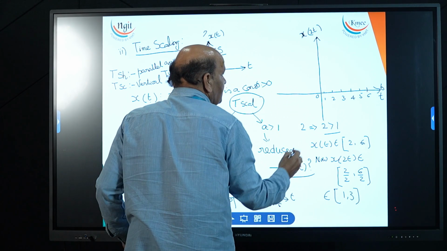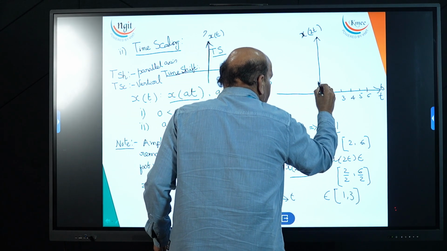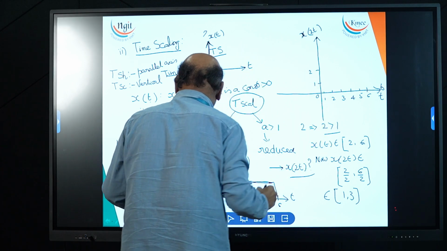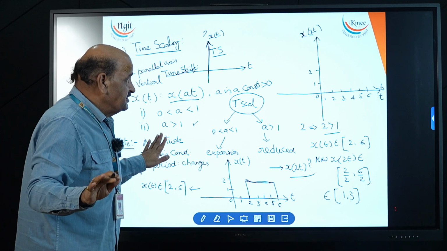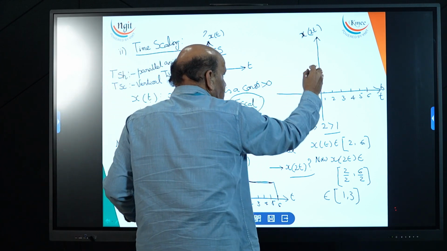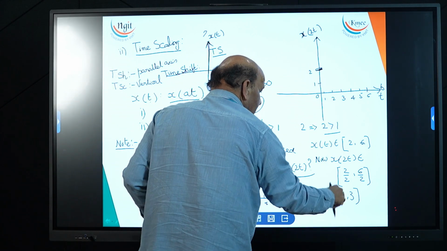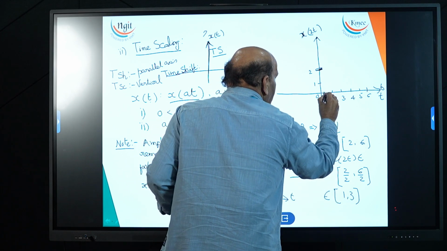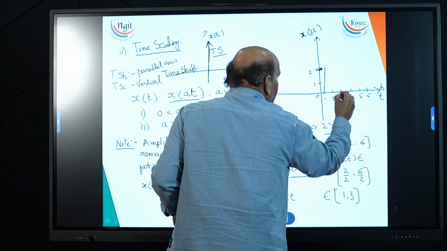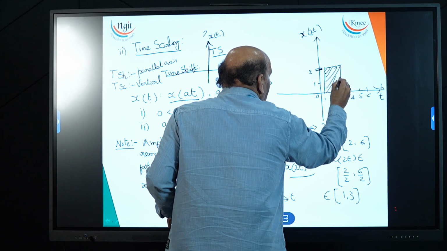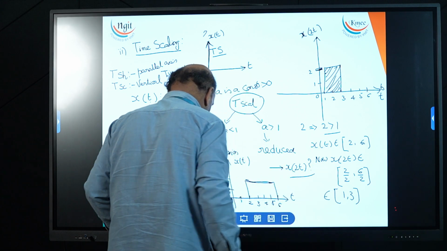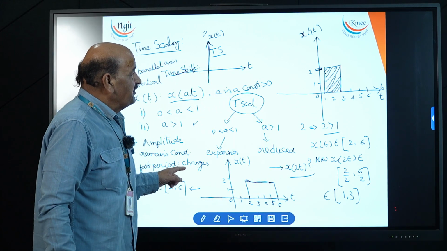So the new signal will be from 1 to 3. There will be no change in the amplitude. Look at, the amplitude is 2. Never change amplitude. Here also amplitude never changes. But here, what is the period now? 1 to 3. So this is the new signal of x of 2t.